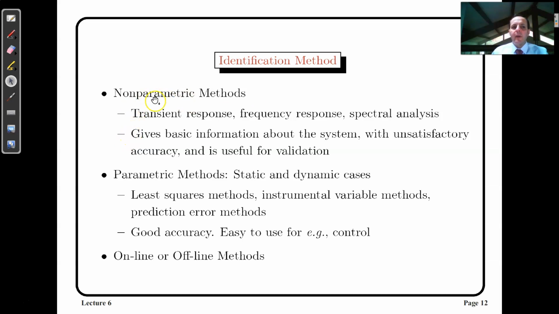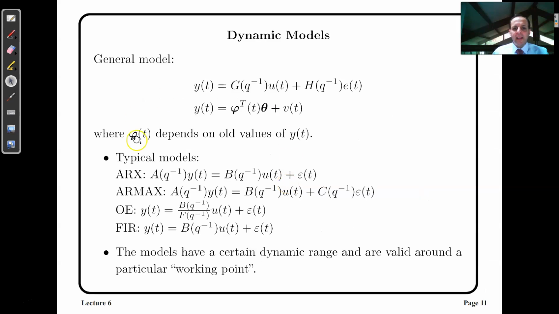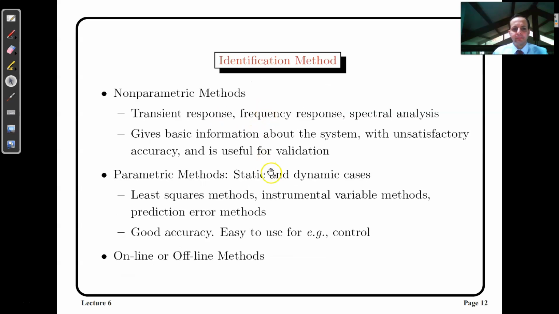On one hand we have the non-parametric methods, on the other hand the parametric models. As we saw, they are parametric because the models depend on parameters theta. In this case, we considered the least square approaches.